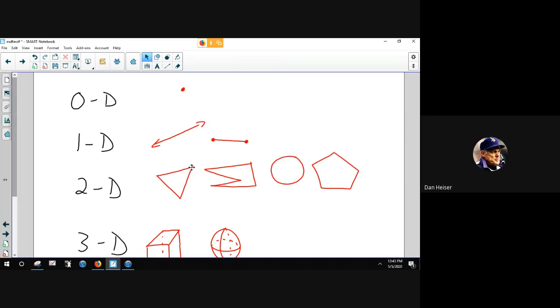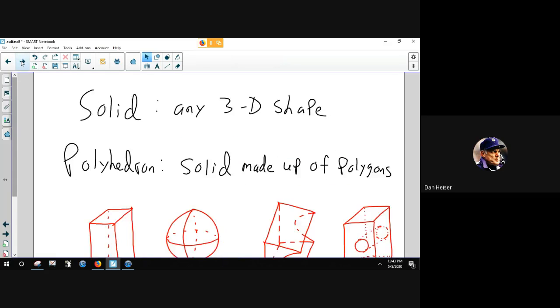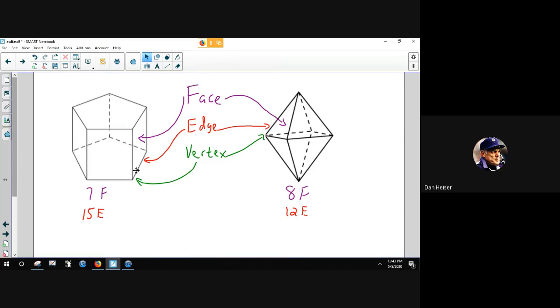This vertex has 2 segments. This vertex, 2 segments. Every vertex has 2 segments that come to it. In the 3-dimensional world, every vertex has 3 edges that meet there. Every vertex deals with 3 edges.